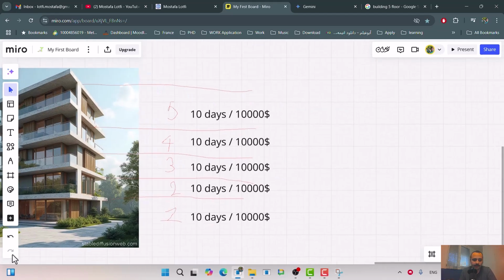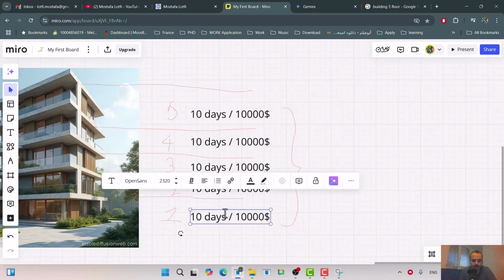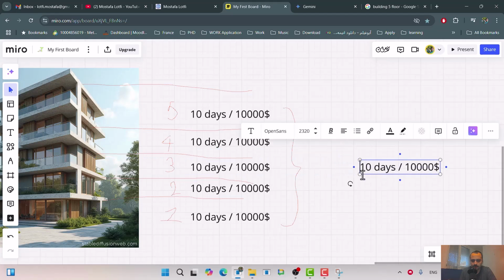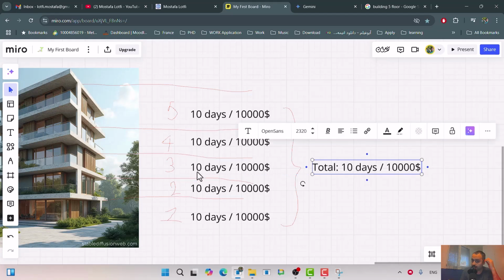So if you want to summarize for this project, the total cost and duration should be 10, 20, 30, 40, 50 days, right? 50 days, and the total cost is 50,000.